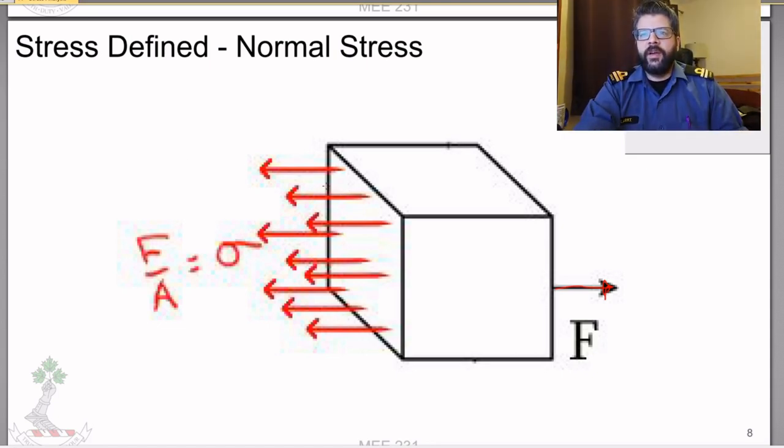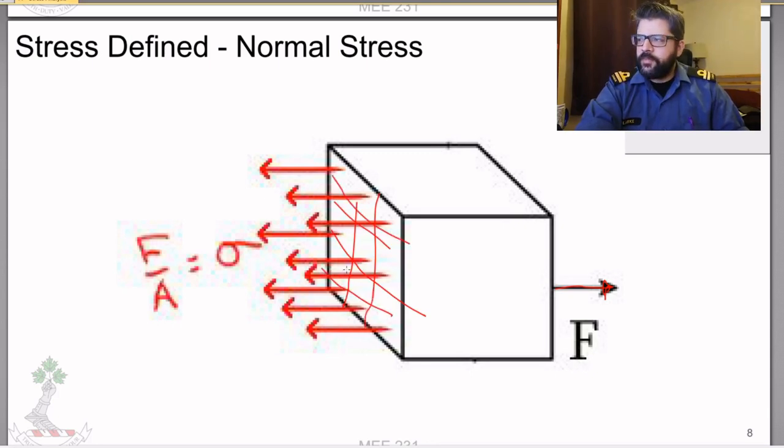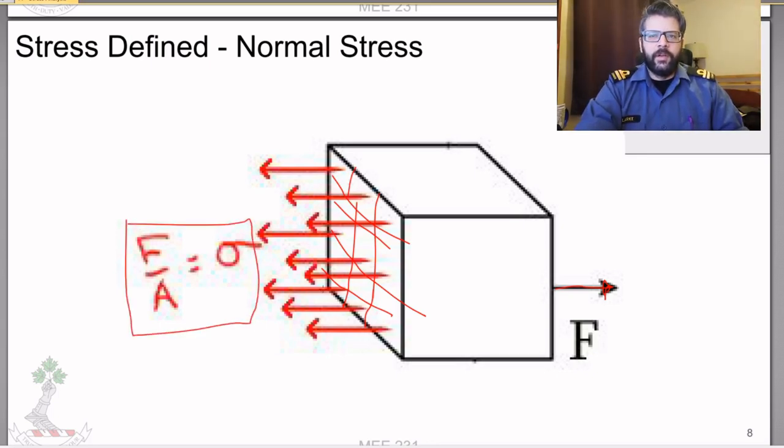In order to maintain equilibrium, if you split this up into a whole bunch of little squares, each one of these squares would have a little distributed load across it. And the average intensity of that load is going to be equal to the total force divided by the cross-sectional area.